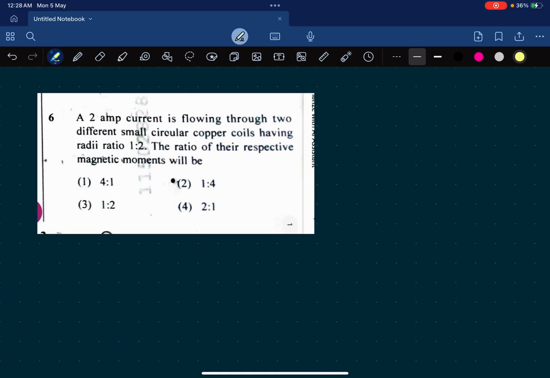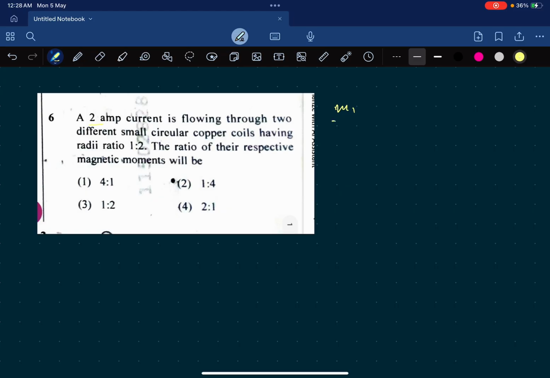All right. We have one more question from magnetism. What is given? A 2 ampere current is flowing through 2 different small circular copper coils whose radii are in the ratio 1:2. We have to calculate the ratio of the magnetic moments, right? So simple question. So what is magnetic moment?